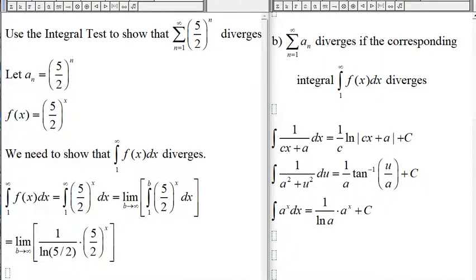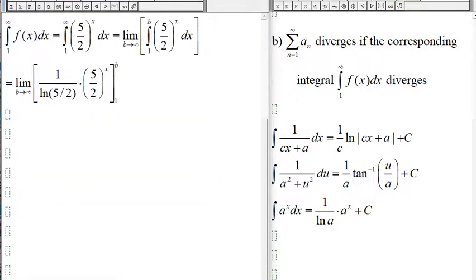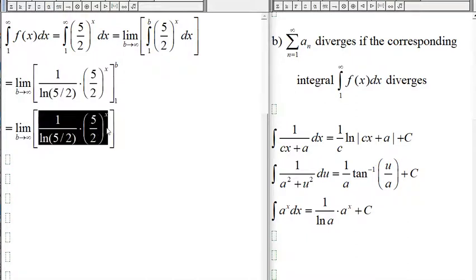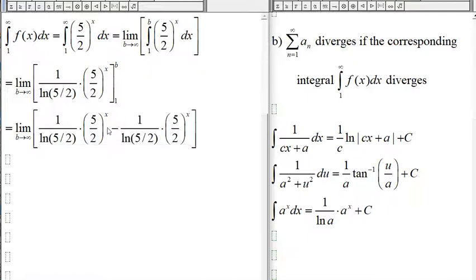And then we need to evaluate from 1 to b. So this becomes this. So first, in the place of x, we'll put b, and then in the place of x, we have 1.